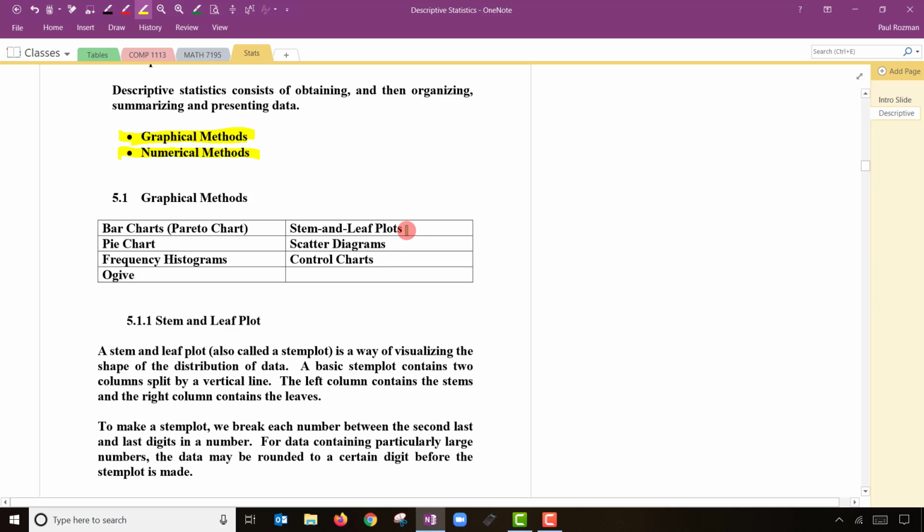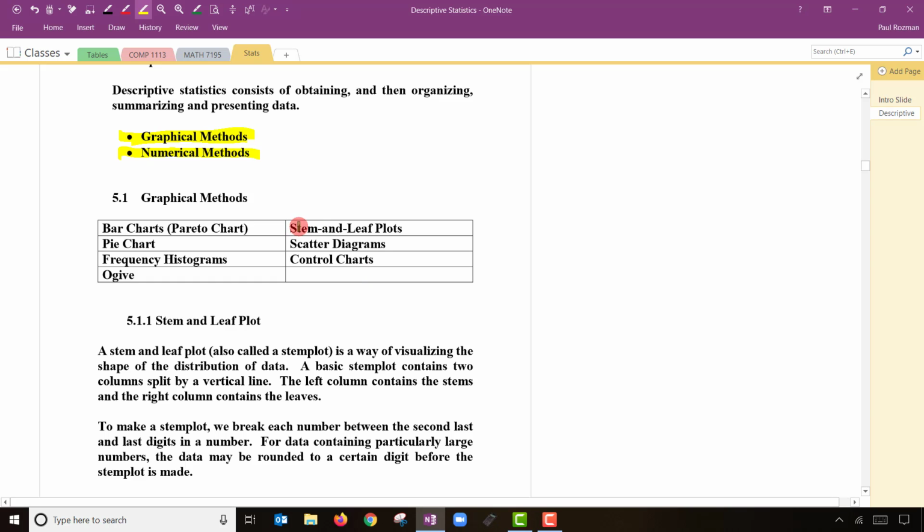Stem and leaf plots, scatter plots, control charts, which are just special run charts, like basically data over time. A lot of times the intro stats courses are light on looking at data over time or looking for trends in that way. But it is an important topic, so we'll make sure that we scatter that throughout too.